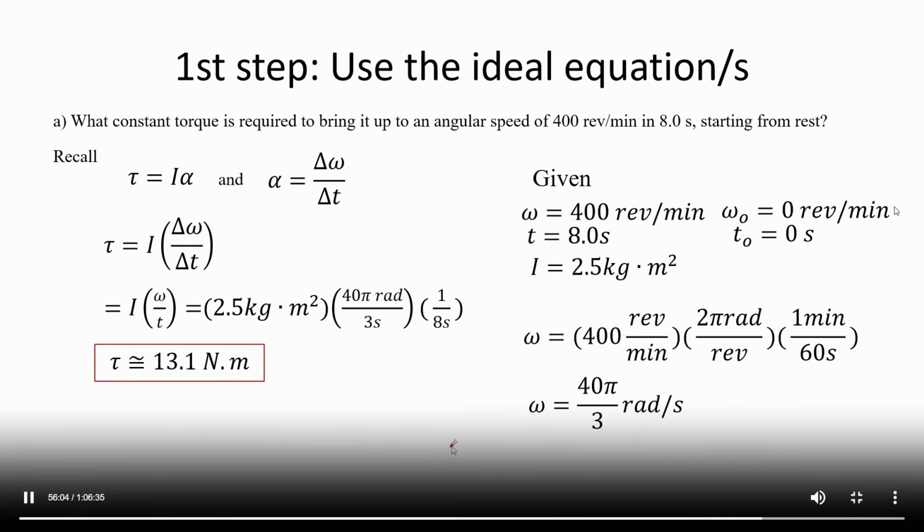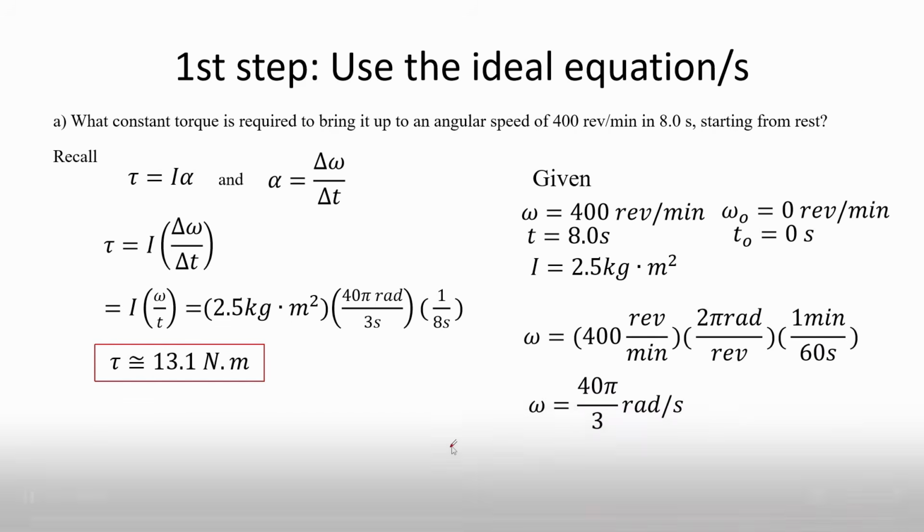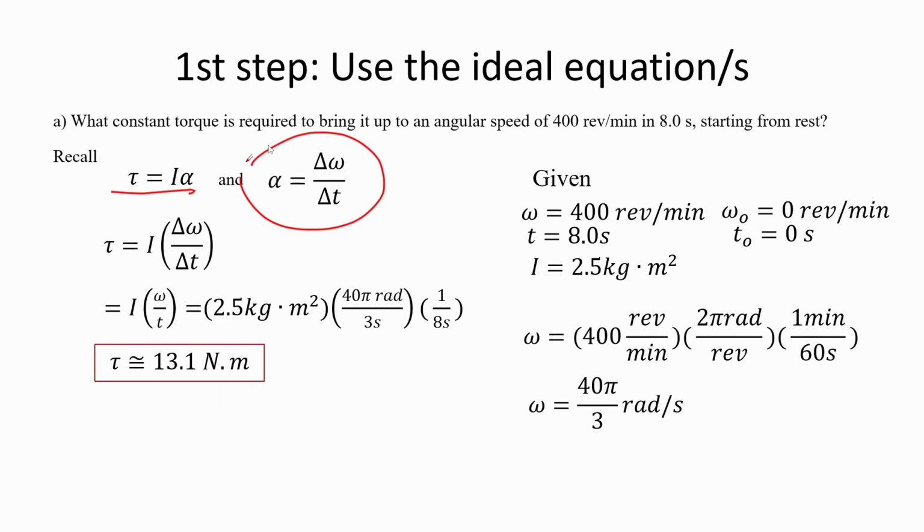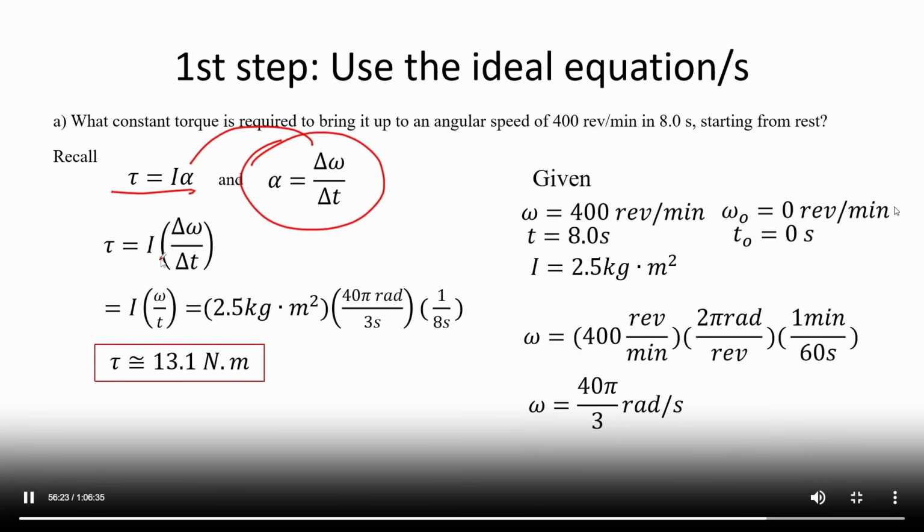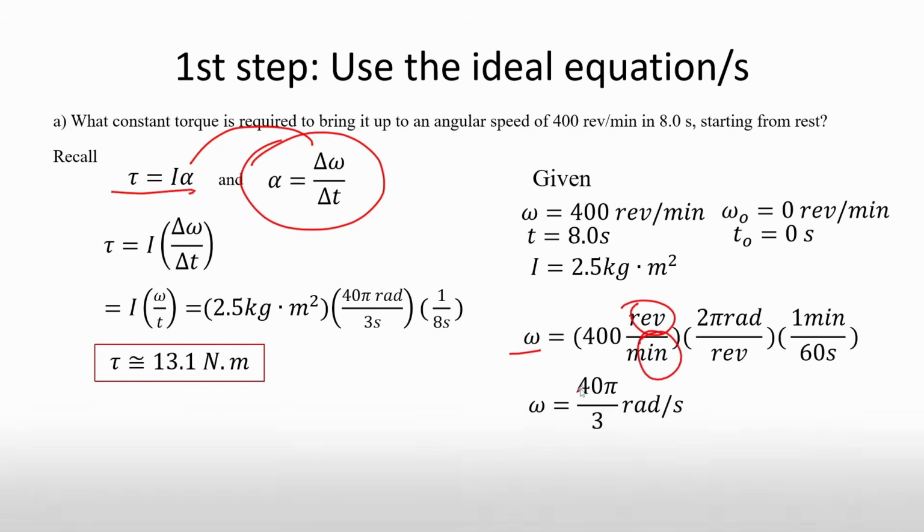So the constant torque required can be solved using the expression I alpha, and alpha is just the change in angular velocity over change in time. So the torque is I times delta omega over delta t. For that, let's first convert the angular velocity from rev per minute to radians per second.